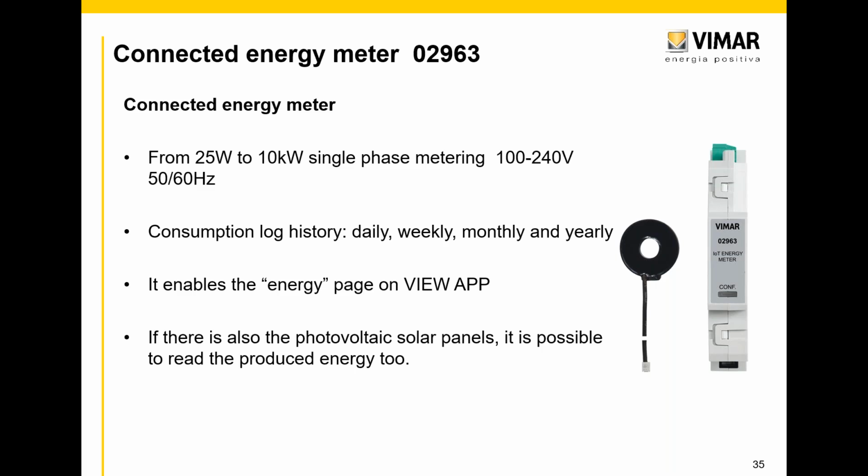When it is installed on the View app, it is possible to have a diagram with the history, and also to download the Excel with all the consumption history. If there is also a photovoltaic system installed in the house, using two of these meters it is possible to have the energy flows diagram as well. That is very important to understand the real-time status of the energy flows.